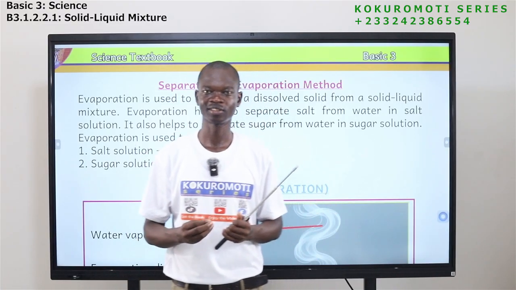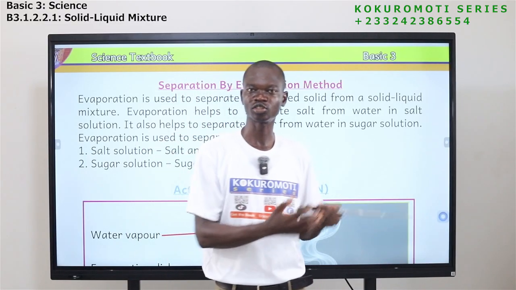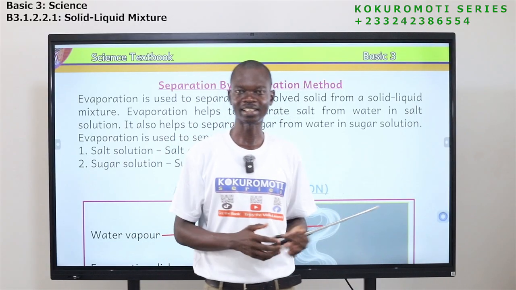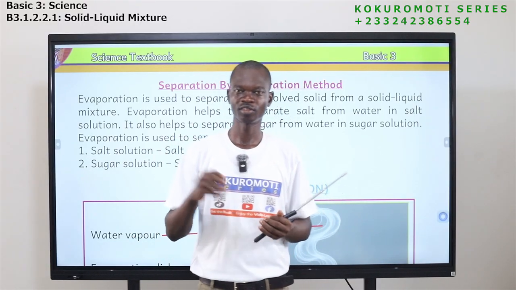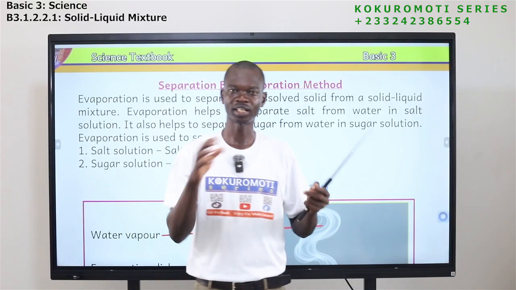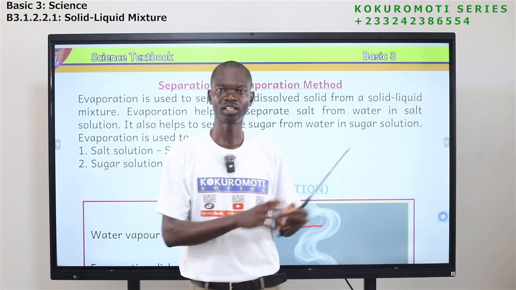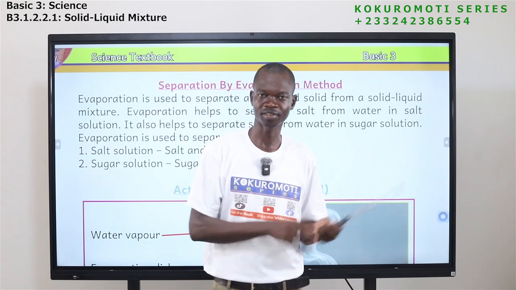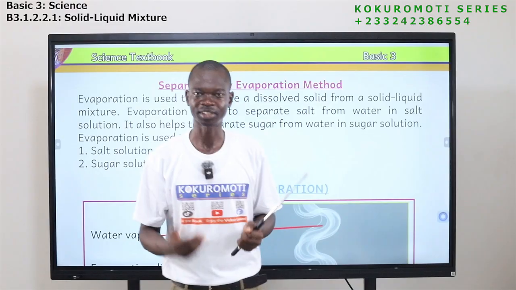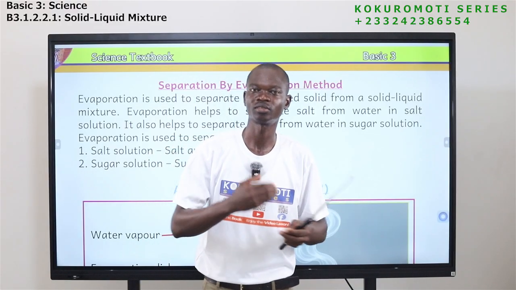Evaporation happens when you apply heat to water. Let's say you want to boil water in the morning. You first get your fire. You put your water on the fire. You allow it. After some time, you see that the water is what?